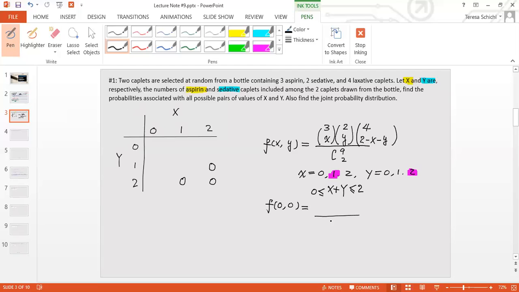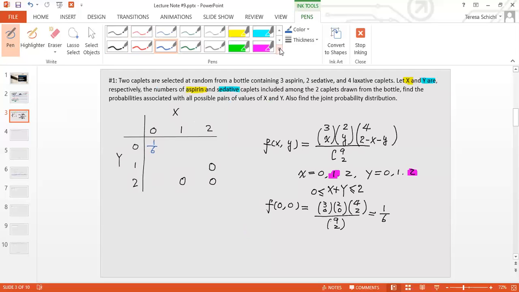Based on this equation, I can say this is 9 choose 2 on the bottom, so 3 choose 0, 2 choose 0, and then 4 choose 2 here. Correct? Now you put it into your calculator, and I get 1/6 here. So this one is 1/6, right?